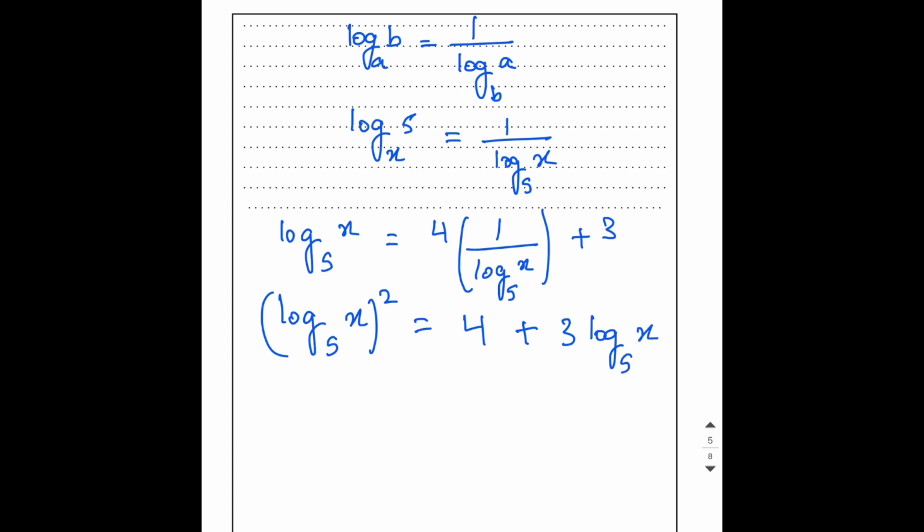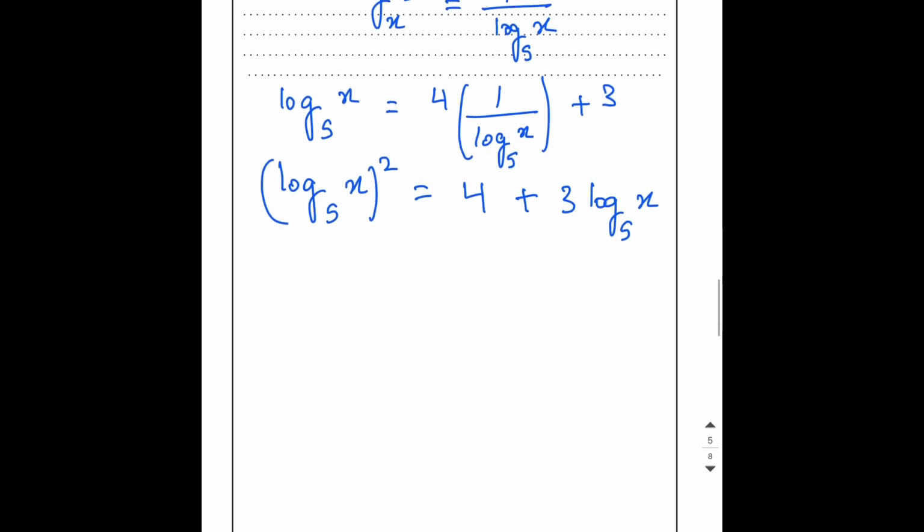Okay, so now let me bring everything to one side. So it's going to be log base 5 of x whole squared minus 3 log base 5 of x minus 4 equals 0.